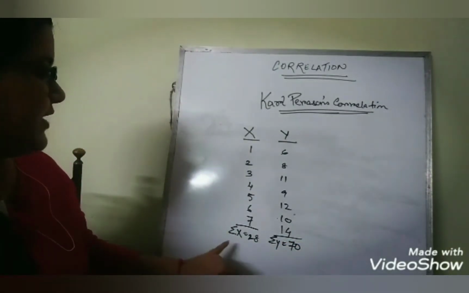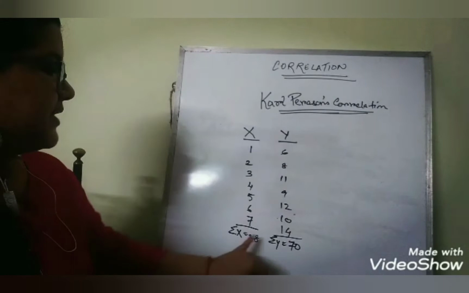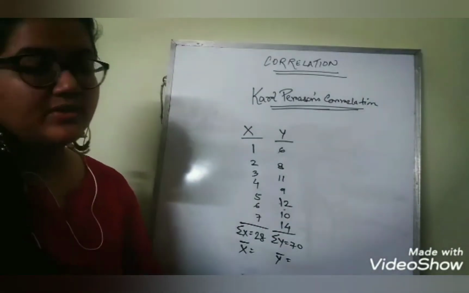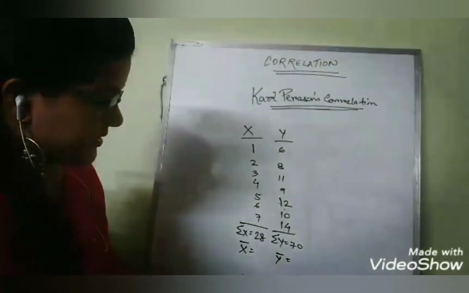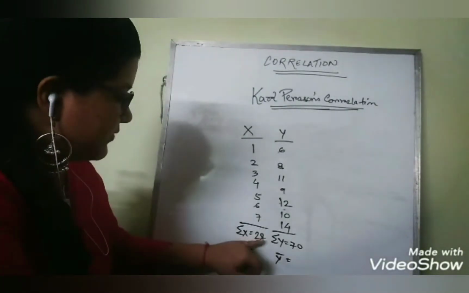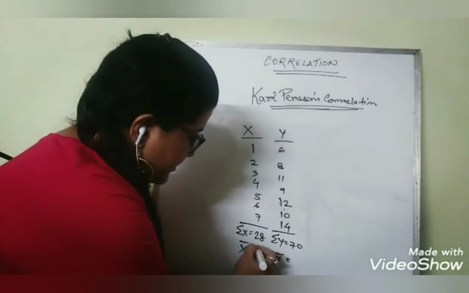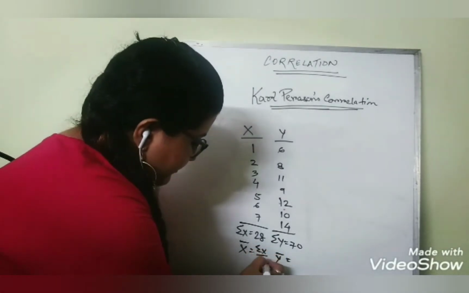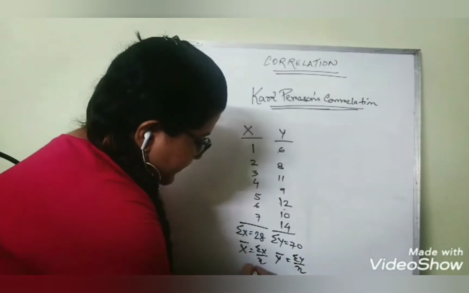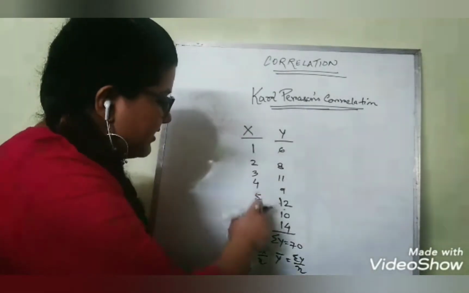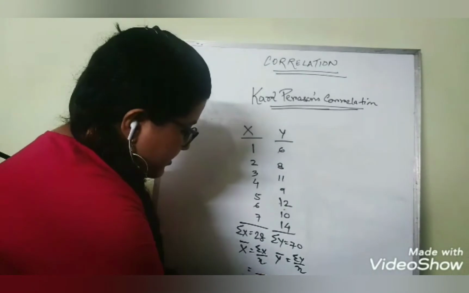So now we have to find out the mean of x and mean of y. Now we will be finding out the mean, which is x bar, which will be equal to 28, total summation x divided by n, and for y is summation y divided by n. N is the number of observations, that is 7 here in this case.